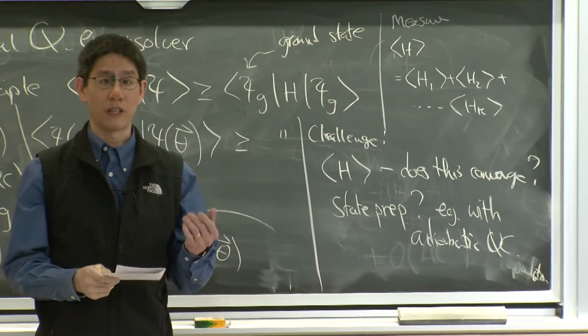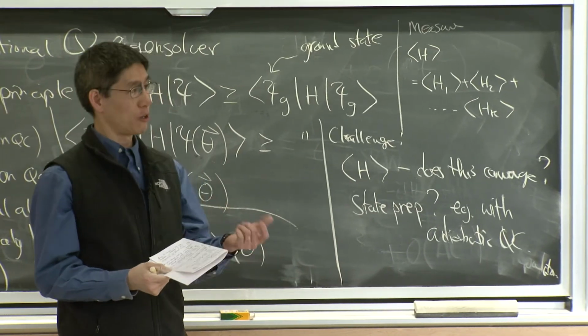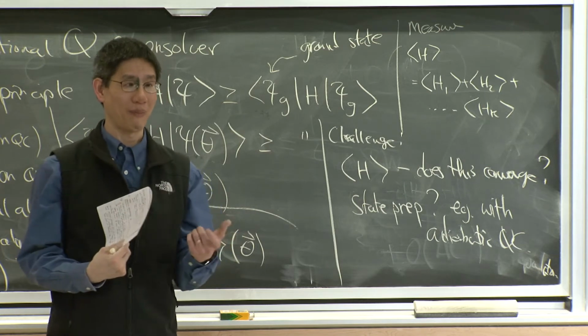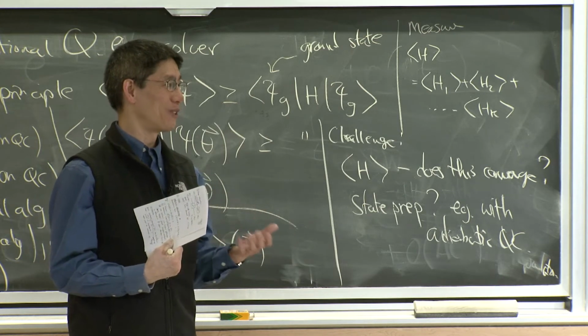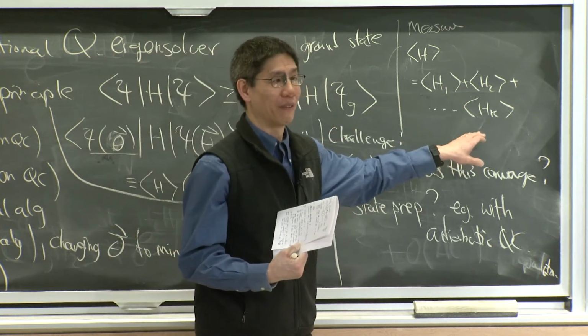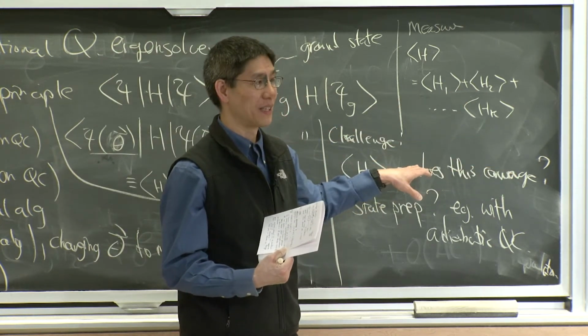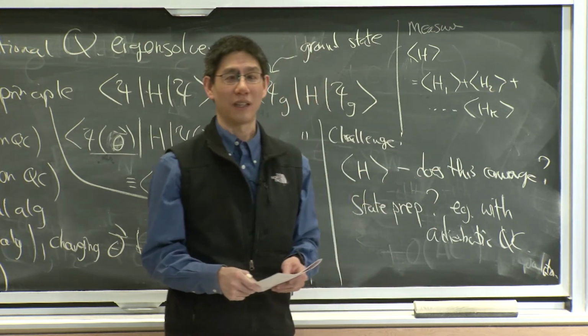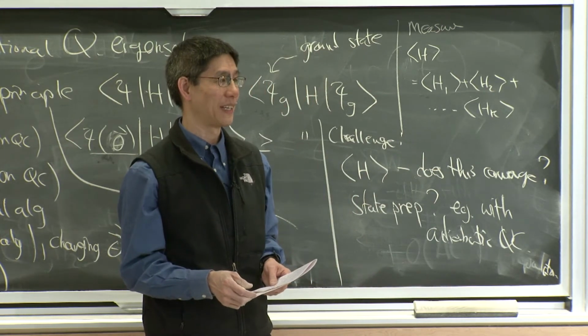So you can measure, in principle, the expectation value term by term in the Hamiltonian. And if the Hamiltonian terms are simple, like Pauli matrices, then you have a feasible way of doing it. Unfortunately, that means that you also now add up the error from each one of these expectation values. And so the error can grow very, very rapidly as you're trying to estimate the expectation value this way.